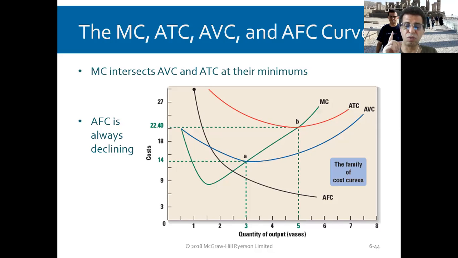So you need to distinguish between total variable cost and average variable cost. The total variable cost will be increasing as production units increase.